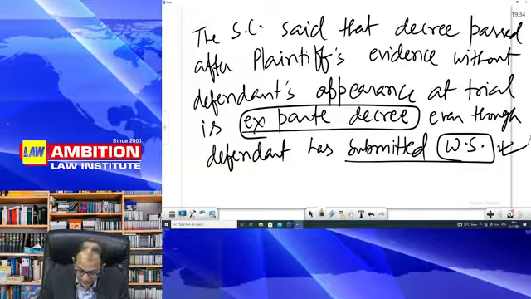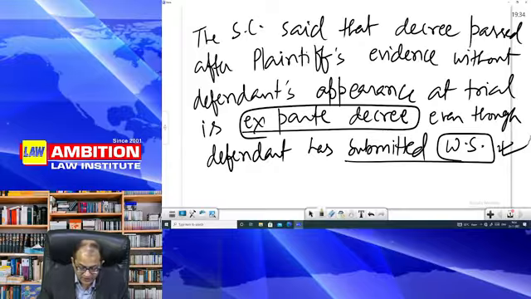The decree was not passed invoking explanation to Rule 2 of Order 17. Let us see what Order 17 Rule 2 says: where on any date to which the hearing of the suit is adjourned, the parties or any of them fail to appear, the court may proceed to dispose of the suit in one of the modes directed in that behalf by Order 9 or make such order as it thinks fit.